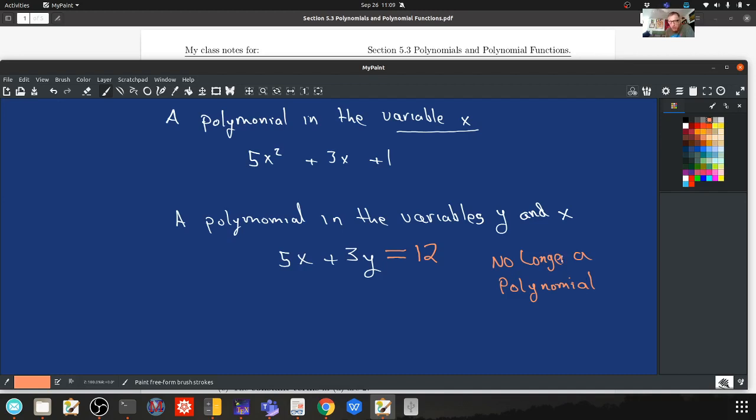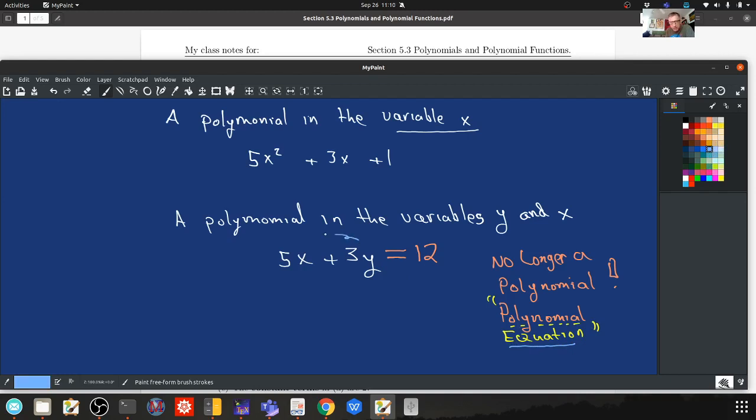It is a polynomial equation. So as soon as you put an equal sign in there, it becomes something a little bit more than just a polynomial. The term polynomial is still included in its descriptor, but the term equation is really important.